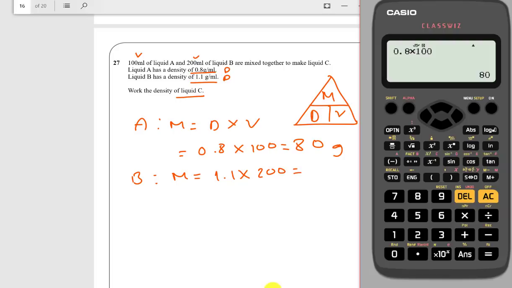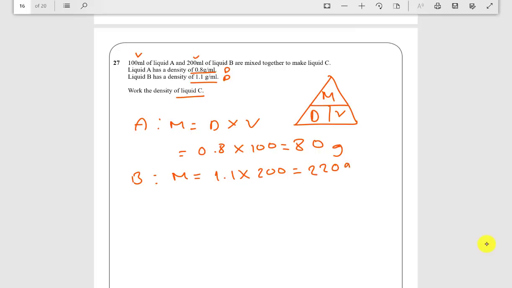And let's type this in our calculator. 1.1 times by 200, and that is 220 grams. Now, because liquid C is made by mixing A and B, what we need to do is find out the total mass to find the mass of liquid C. So the total mass of liquid C is going to be A and B added together, so 80 plus 220.